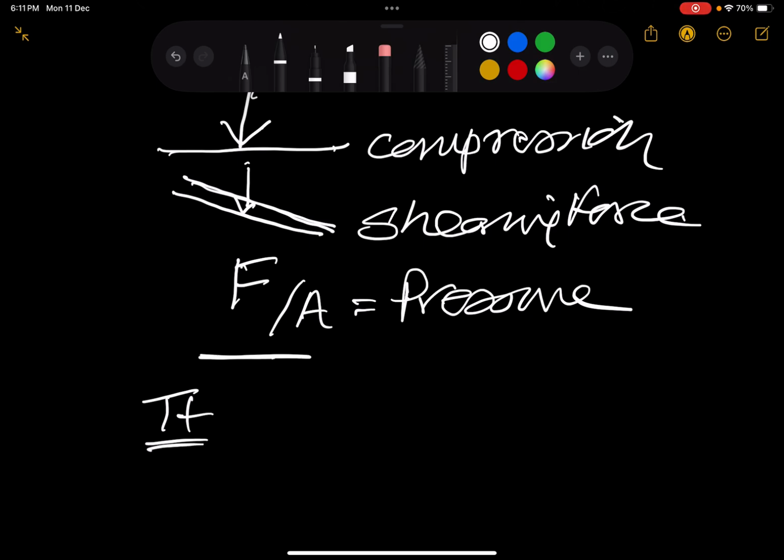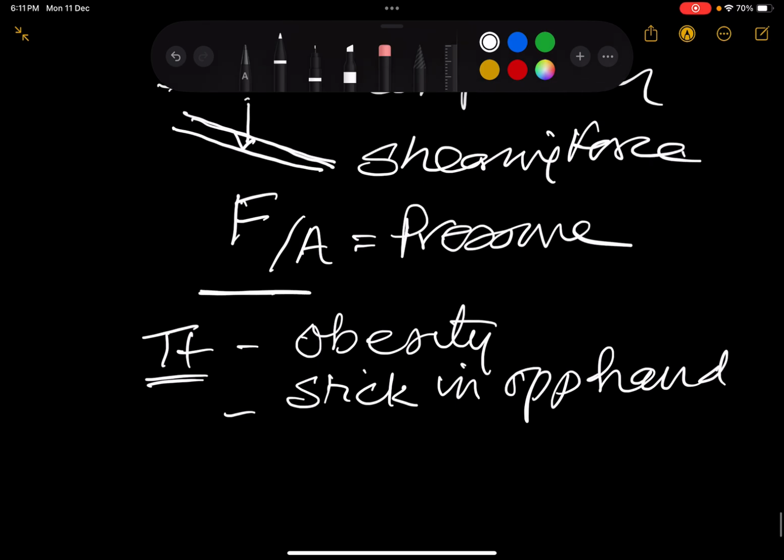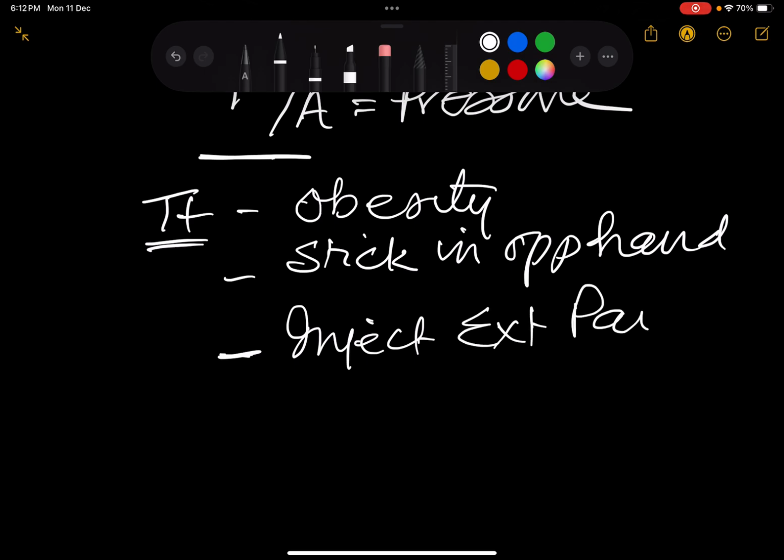So, then the treatment. Treatment is deal with obesity, decrease the force, that means stick in the opposite hand, then you can inject external pain points. You can give cartilage regenerating drugs.